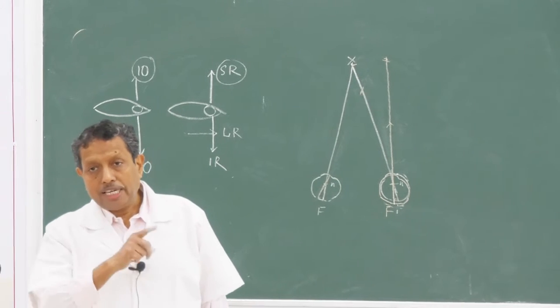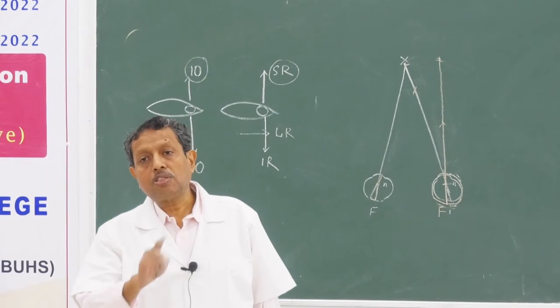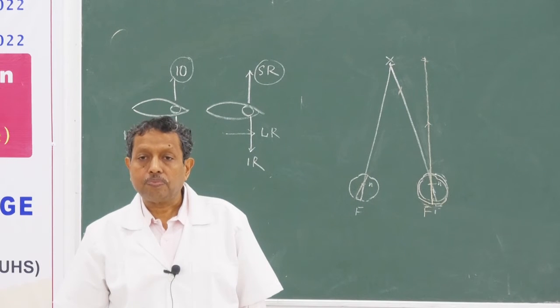But the principal difference is primary deviation and secondary deviation. In paralytic strabismus, the secondary deviation is much more than the primary deviation.